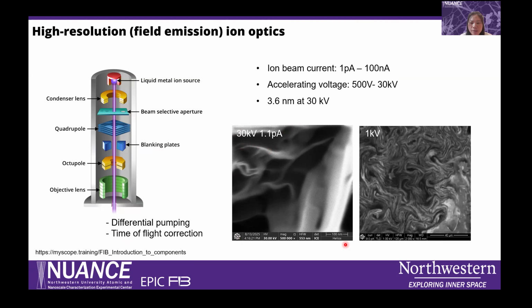Yesterday I got this image from our engineer, and it shows a resolution of 3.6 nanometer at 30 kV. We can also achieve high resolution at low kV and low current. The ion beam current ranges from 1 picoampere to 100 nanoampere, and the accelerating voltage is from 500 V to 30 kV.